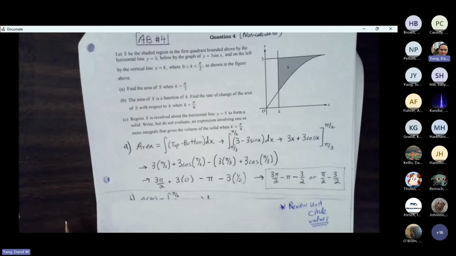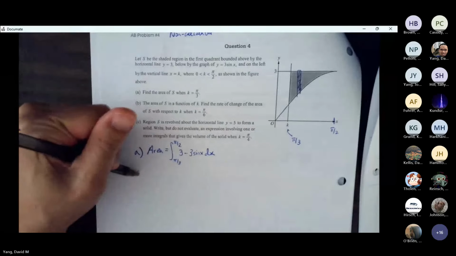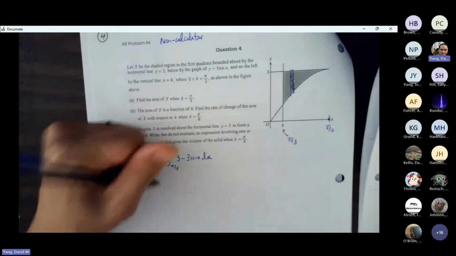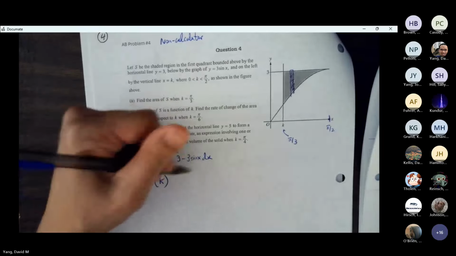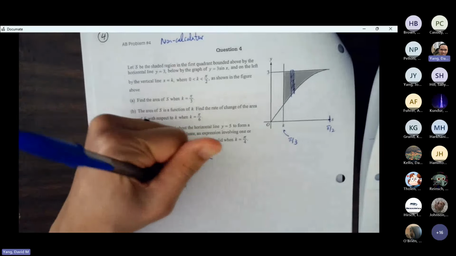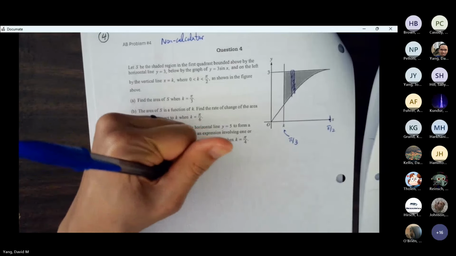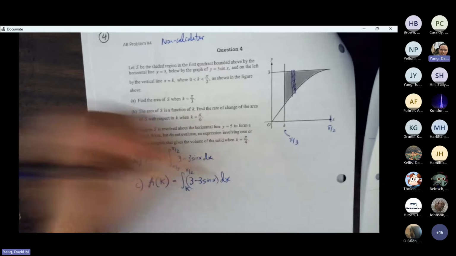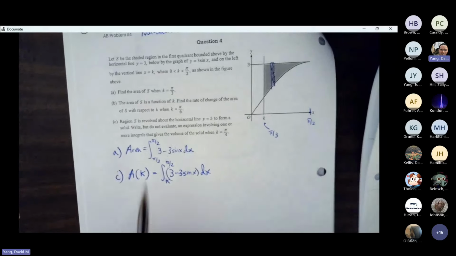So we can say for part B here, sorry, part C, area of S is a function of K. So K is our independent variable here. And we can say the integral from K to pi over 2. Okay, so this is our starting point. This is our area with respect to K.